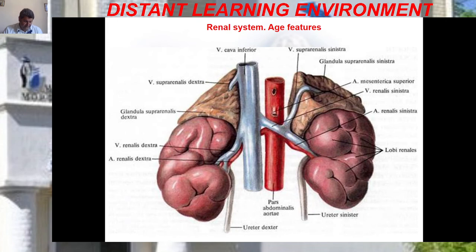I told you that there are a lot of grooves and lobes of the kidney, with cortex, and the medulla renalis is not so well presented as in adult kidney.